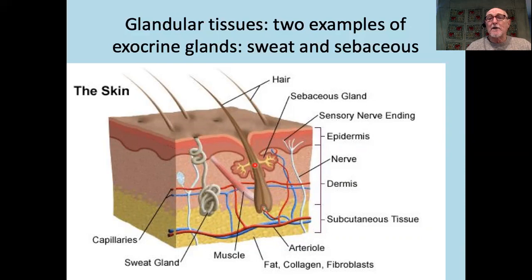But I do want to point out how complex these epithelial layers are here. Here is the actual skin. This here is all epithelial tissue, but it's organized in a very complex fashion. We'll talk about that in much more detail when we have a section where we talk just about the skin.